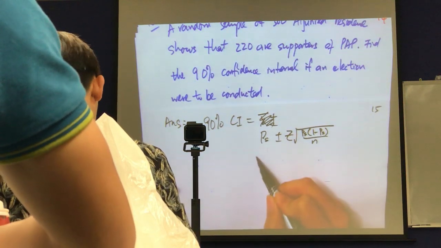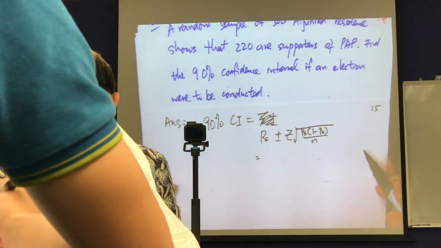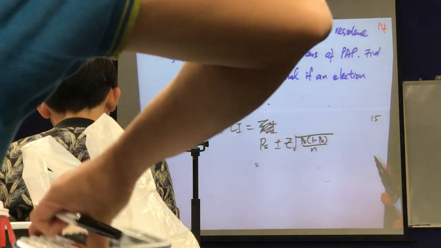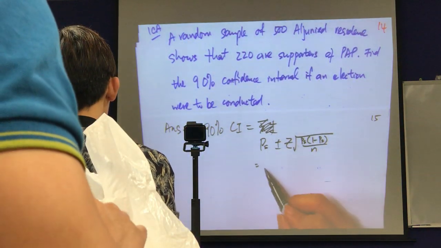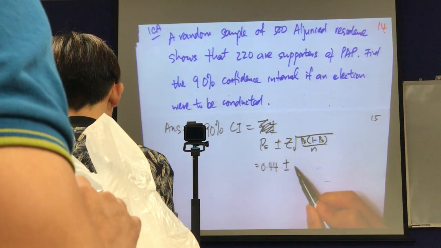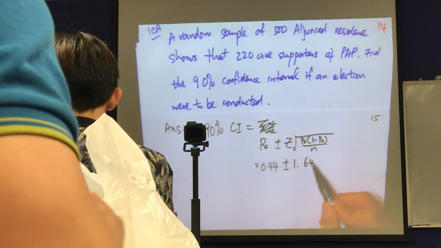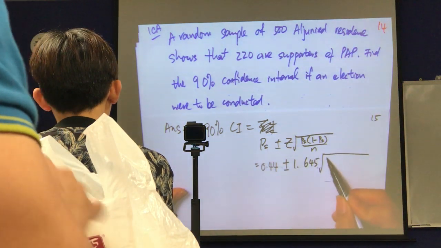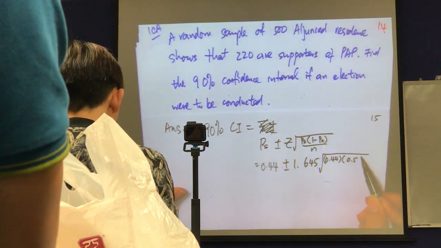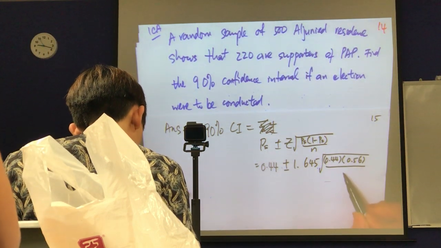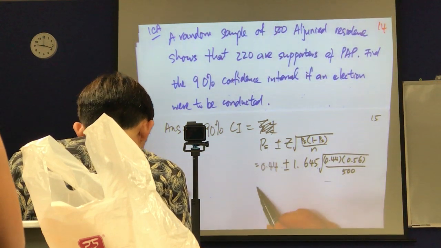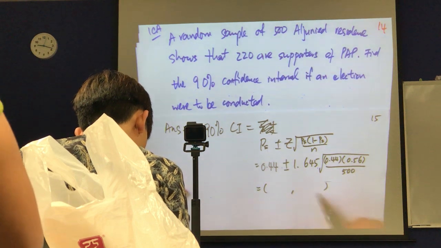And what's the Ps? The sample proportion: 220 over 500 is around 44%, 0.44, plus minus the Z for 90%. 0.44, then the opposite side is 0.56. And what is n? 500. And one gives a lower limit, the other an upper limit.